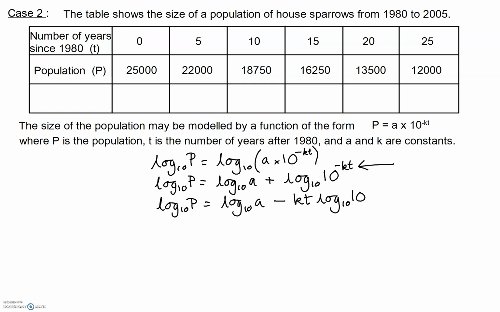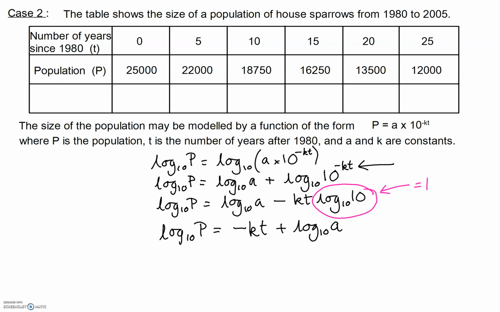Now we know that log to the base 10 of 10 is 1. So our next line, we can say that we have log to the base 10 of p equals, and I'm going to rearrange this slightly so that I have minus kt plus log to the base 10 of a.